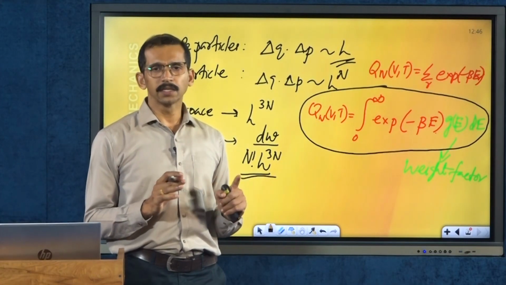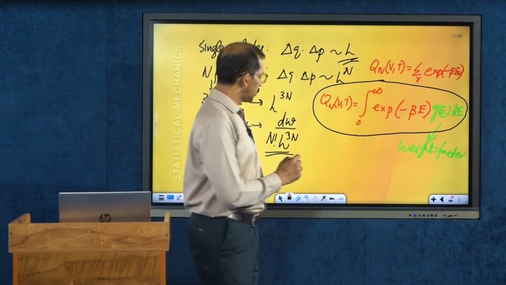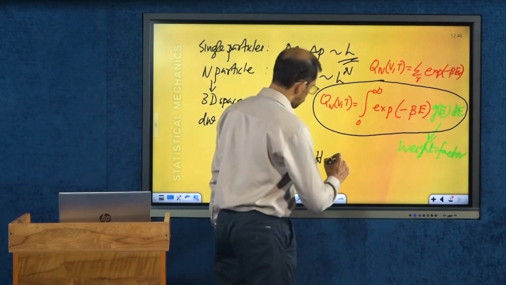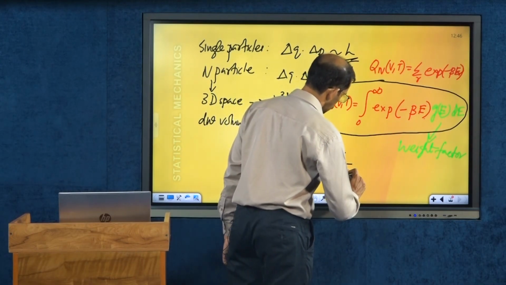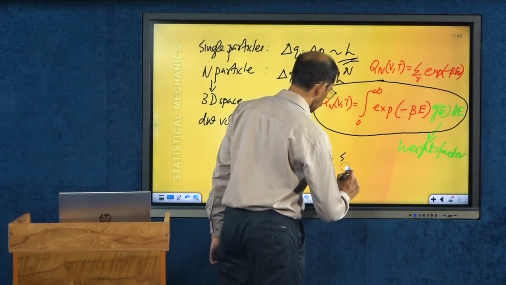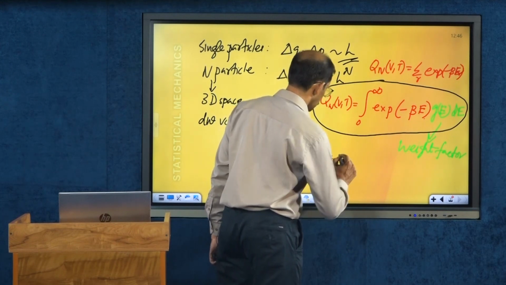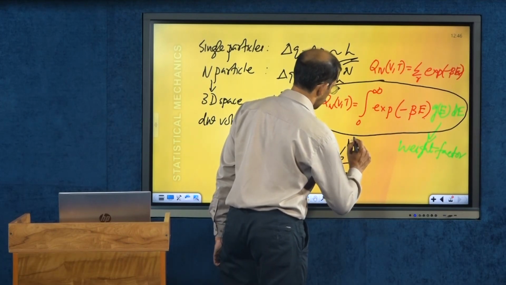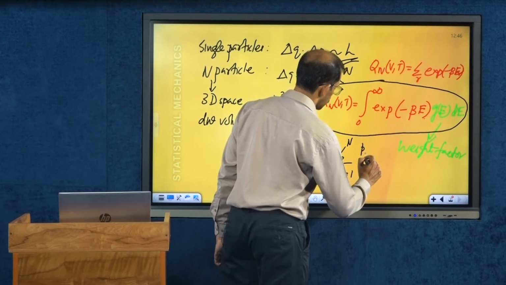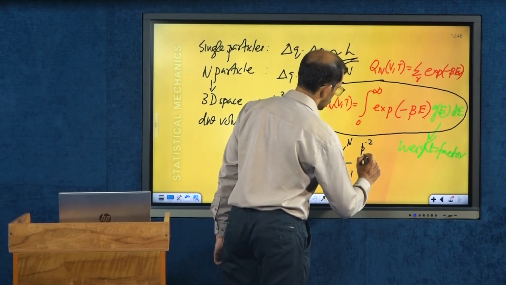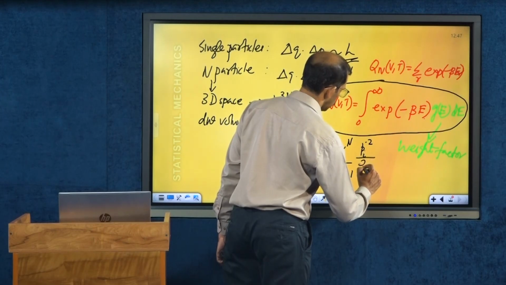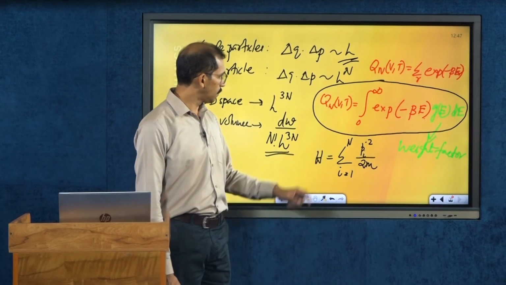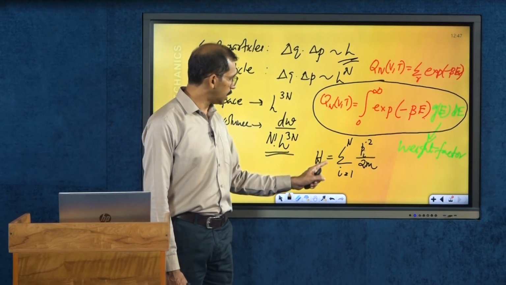So the energy is wholly kinetic, and therefore I can write the Hamiltonian H, or the energy, is equal to summation over i equal to 1 to N of p_i squared by 2m, right? So this is my energy or the Hamiltonian.